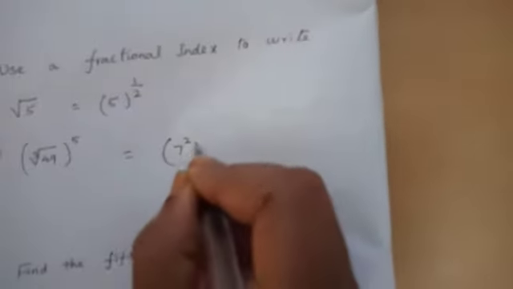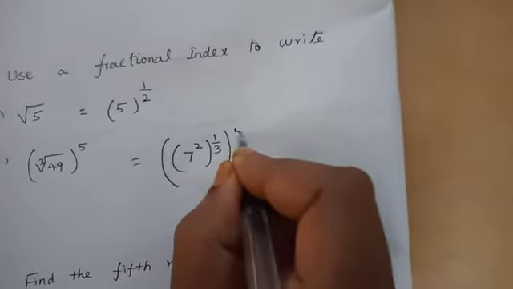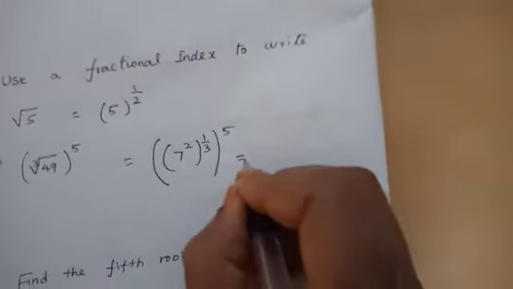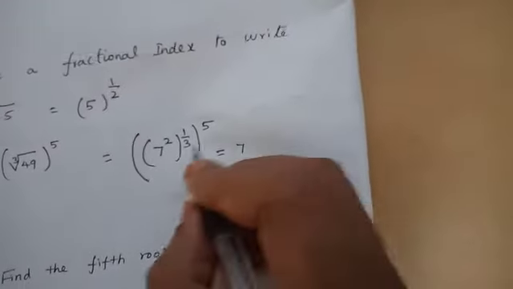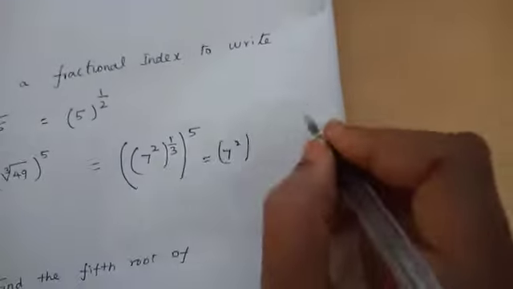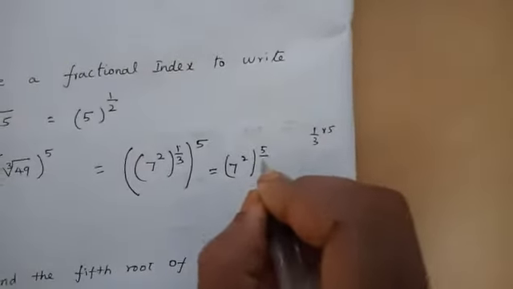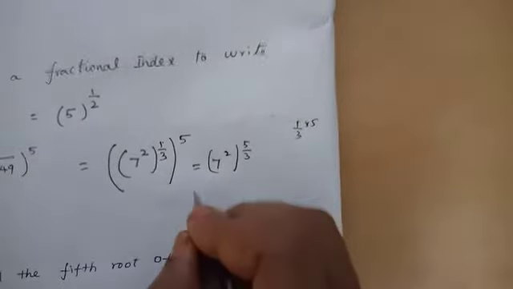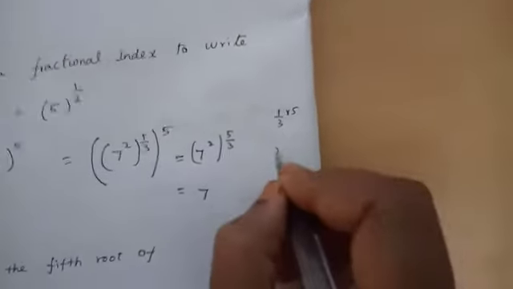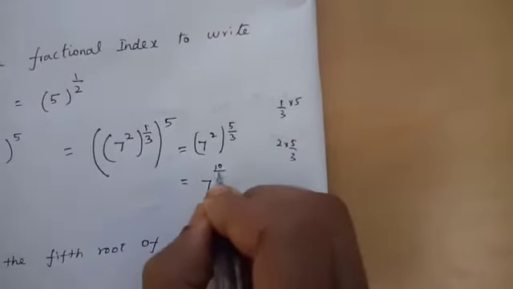Cube root means to the power 1 by 3, of the whole power of 5. First we write 7 squared. Next 1 by 3 into 5 means the power is 5 by 3. That is equal to 7 power 2 into 5 by 3, so 2 into 5, 10 by 3.